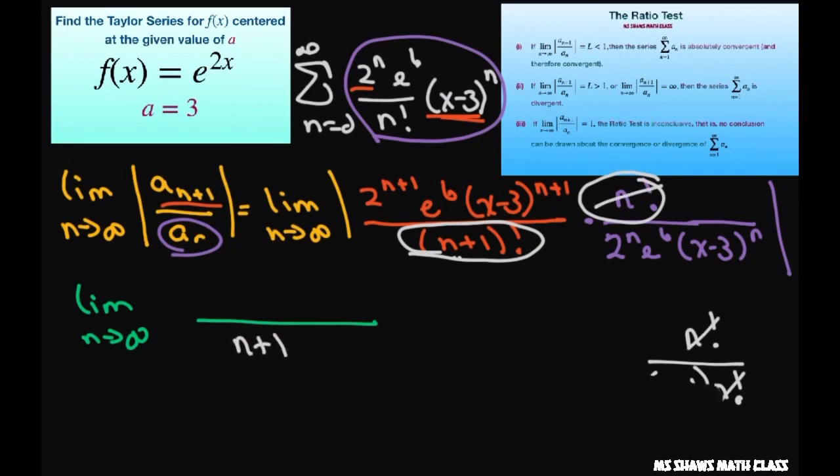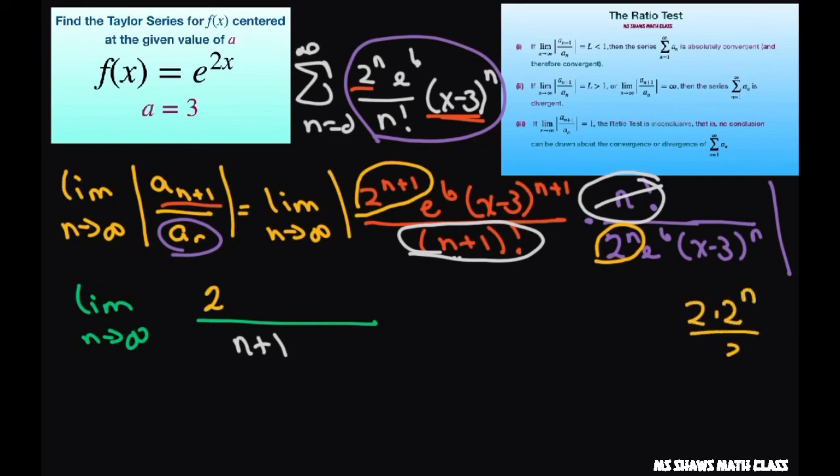Now let's look at the numerator part. We have 2 to the n plus 1 and 2 to the n. When you divide those out, you're just going to get 2, because this is like 2 times 2 to the nth divided by 2 to the nth. So that cancels out. And the e to the power of 6's cancel. The same thing happens with this. We're just going to get the absolute value of x minus 3.